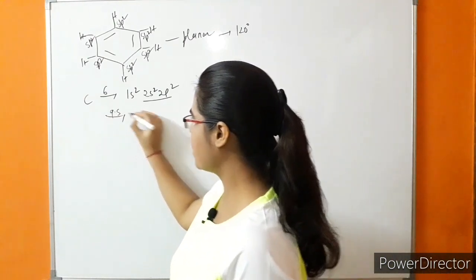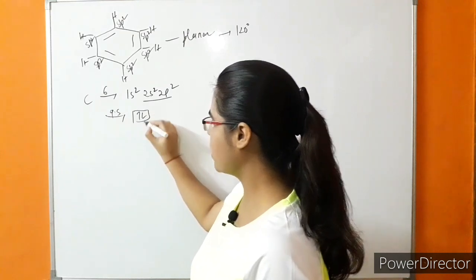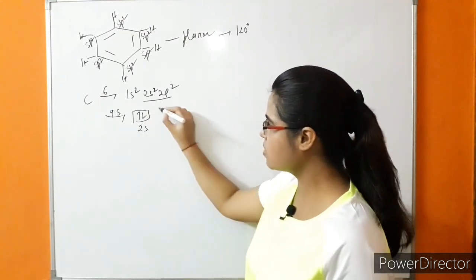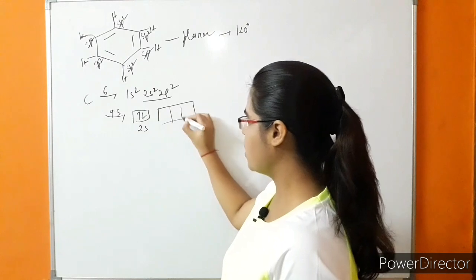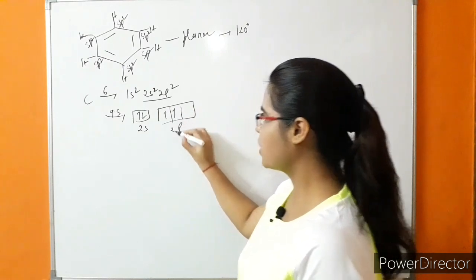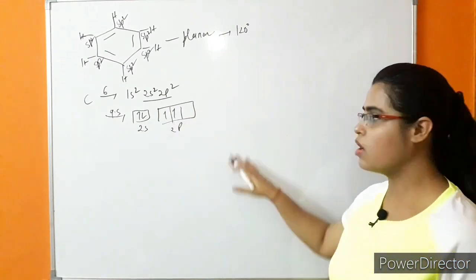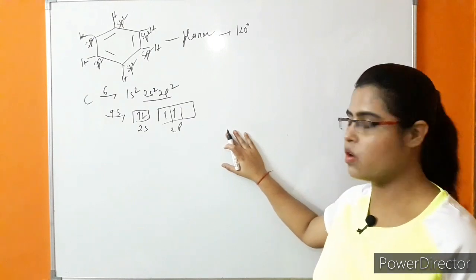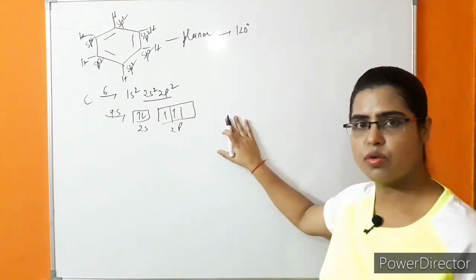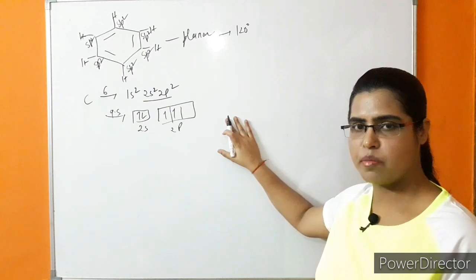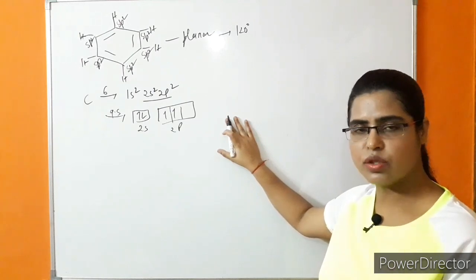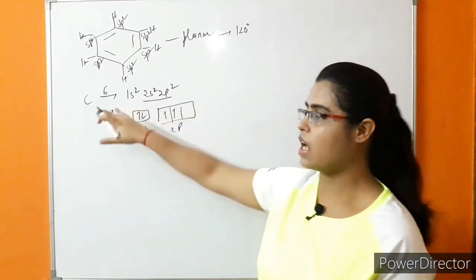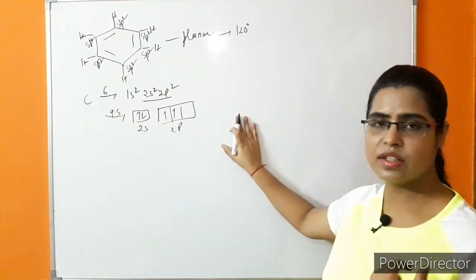So what is happening in the ground state? 2 electrons are present in the 2s and 2 electrons are present in the 2p. So in the ground state no bonding will take place, because in this case only 2 unpaired electrons are present. With the help of these 2 unpaired electrons, this carbon will not complete its octet.